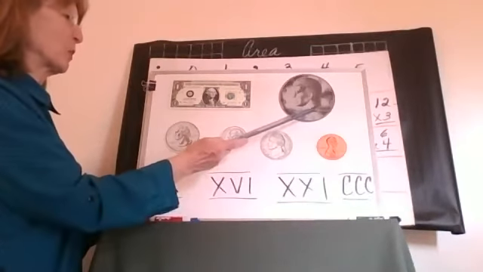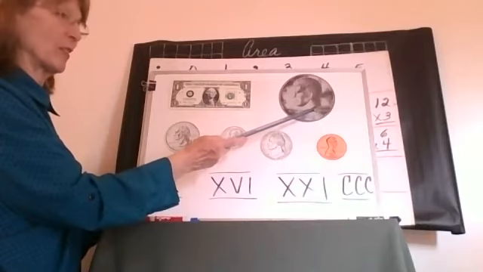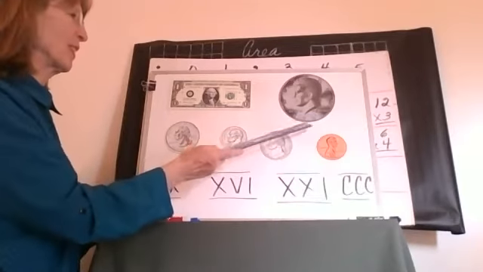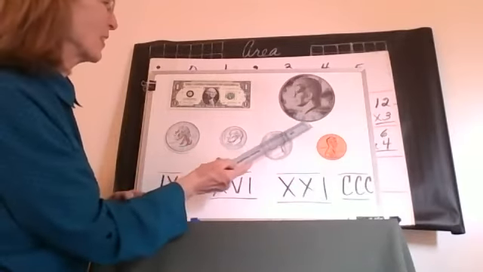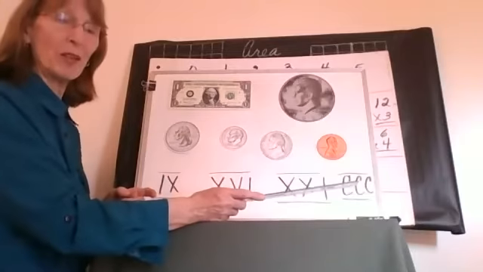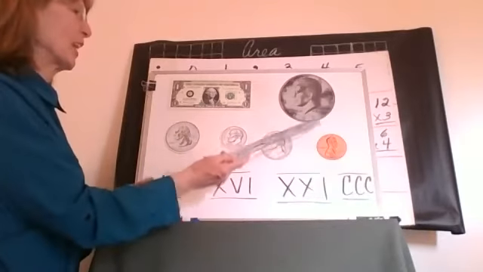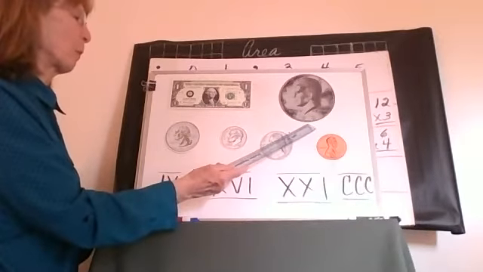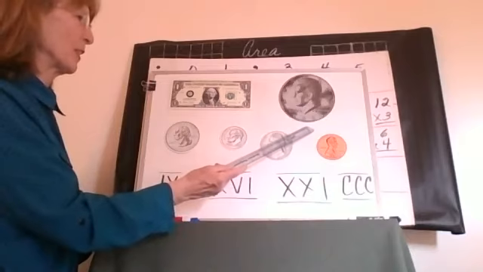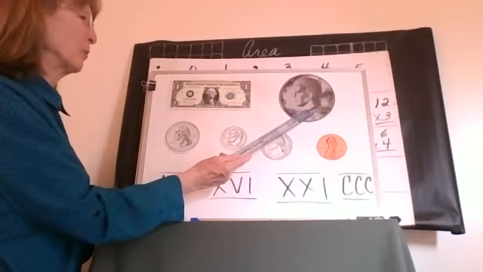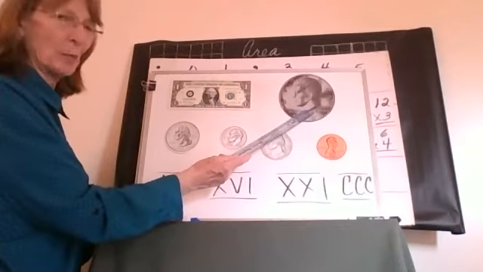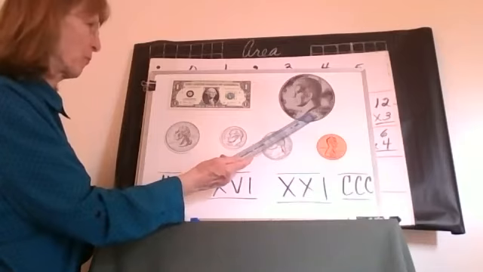President Kennedy was president in the 60s, the 1960s. See how it says 1996 on the coin though? Because it came out at this time in the 90s to honor this president, President Kennedy.